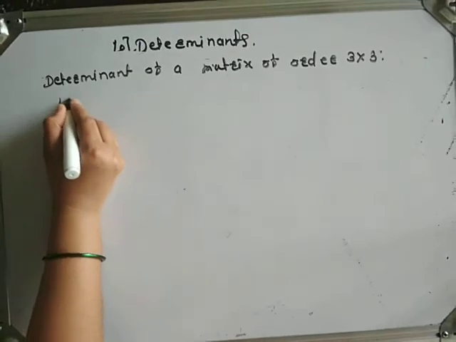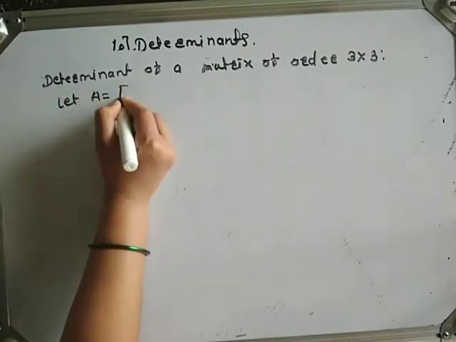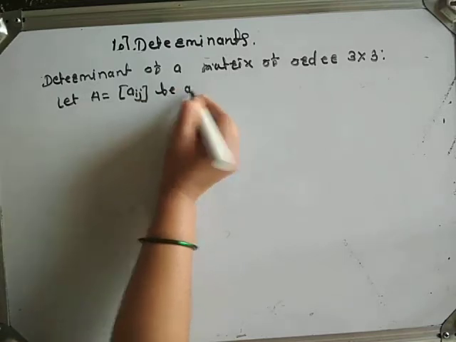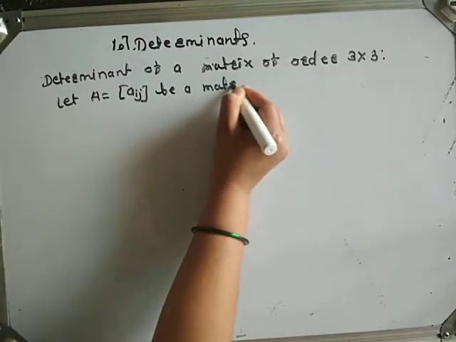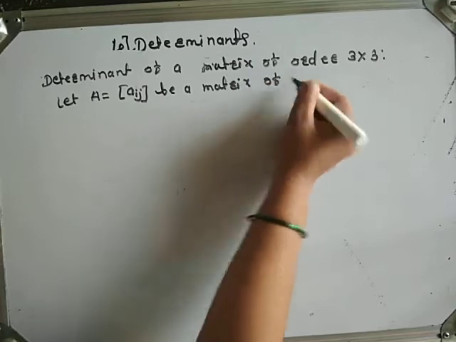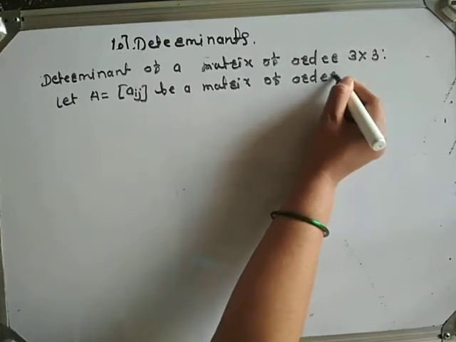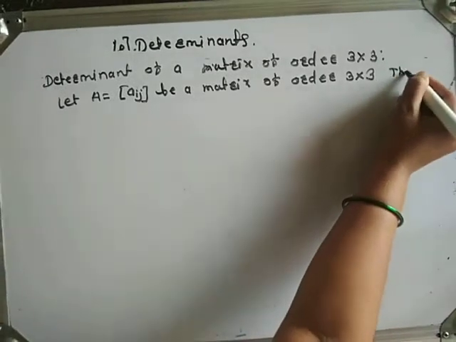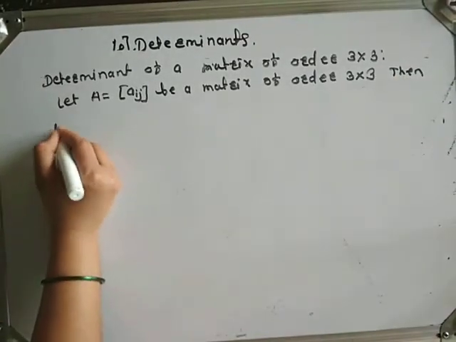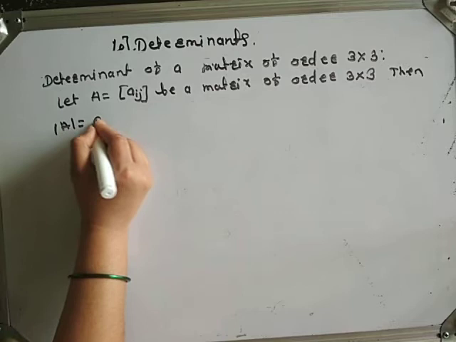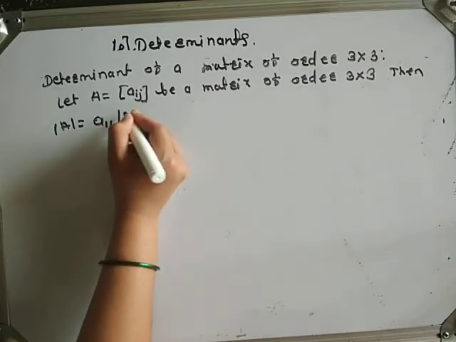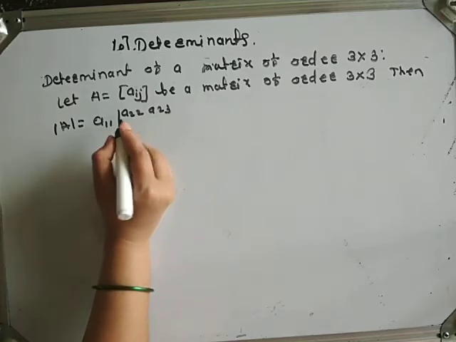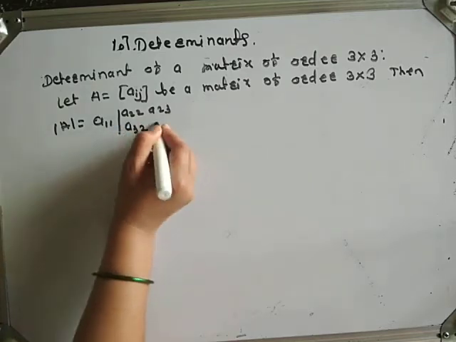Let A equal matrix Aij be a matrix of order 3 by 3. Then determinant of A is equal to A11 into determinant of A22, A23, A32, A33.